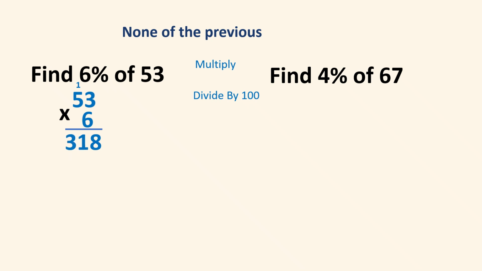So you finished multiplying. Now divide by 100. What's 318 divided by 100? Dividing by 100 is going back 2 steps and putting a decimal. So it's just 3.18.